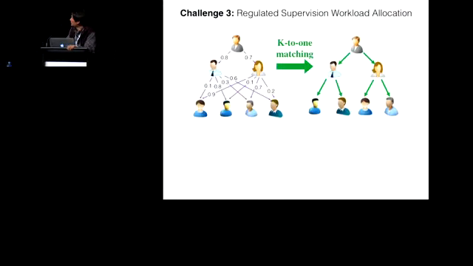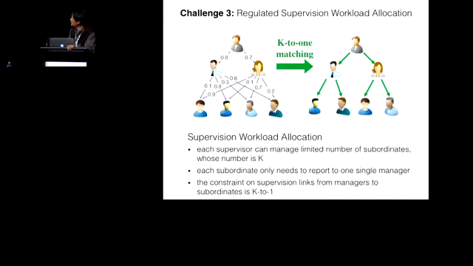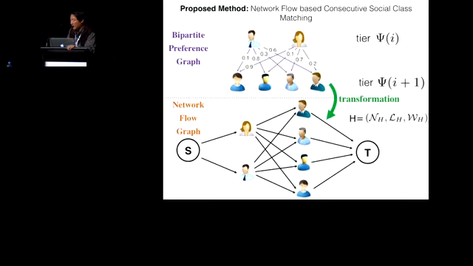With that, we will be able to do the link prediction, because this basically serves as a feature of the link prediction. And then we want to do this K-to-1 matching, that is to capture the span of a management. So we assume that the span of control is K, and you control this parameter.